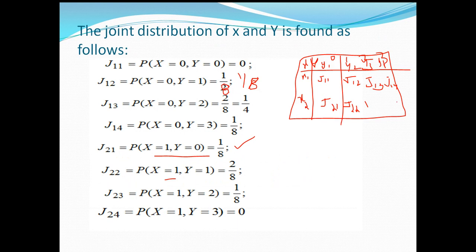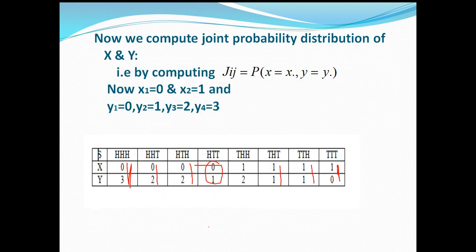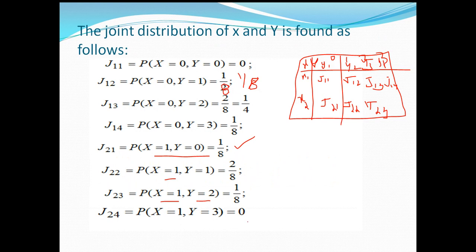Now let me move to j23. Next value is j23. X value is the same, y value is changing, that is y is 2 here. X is equal to 1 and y is equal to 2. So only once it appears, therefore the probability is 1 by 8.